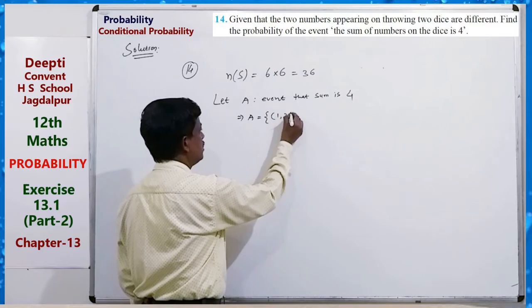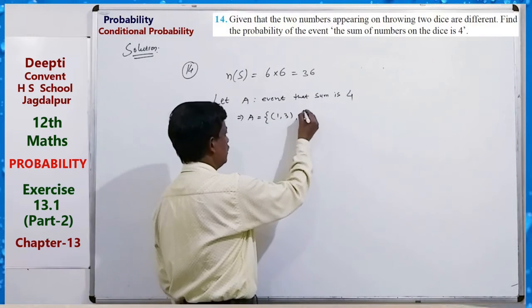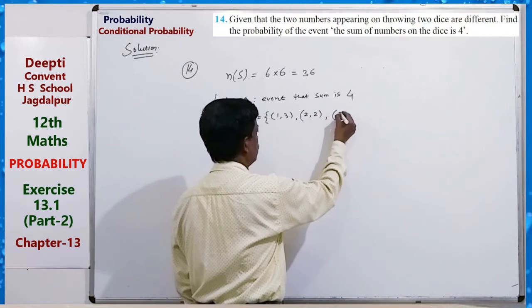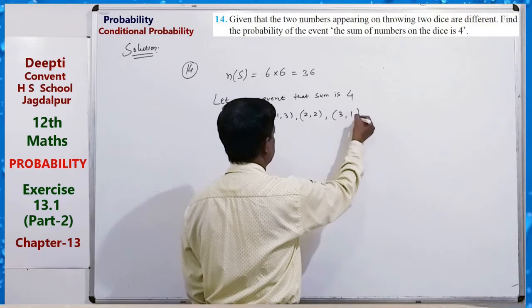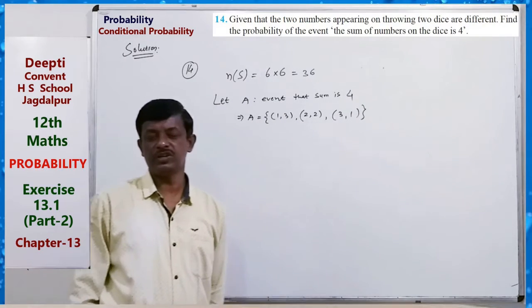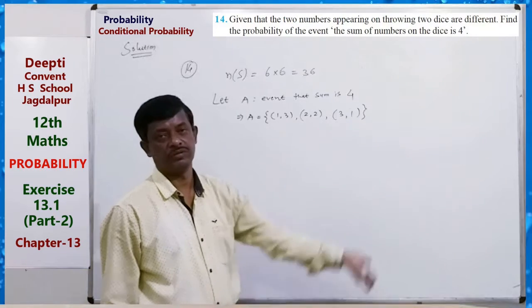Sum is 4: first die 1 then 3, 2 then 2, 3 then 1. Just these 3 outcomes are there: 1 and 3, 2 and 2, 3 and 1.